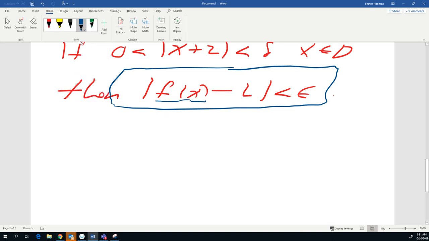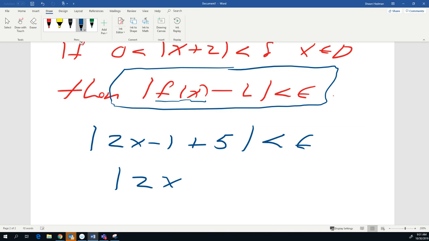I'm going to substitute in f of x on our domain D. F of x was 2x minus 1. Minus L was -5, so that's minus a -5. This says the absolute value of 2x minus 1 plus 5 is less than epsilon. And I'm going to simplify that. 2x minus 1 plus 5, 2x plus 4, is less than epsilon. That's what I want. I want 2x plus 4 to be less than epsilon in absolute value.